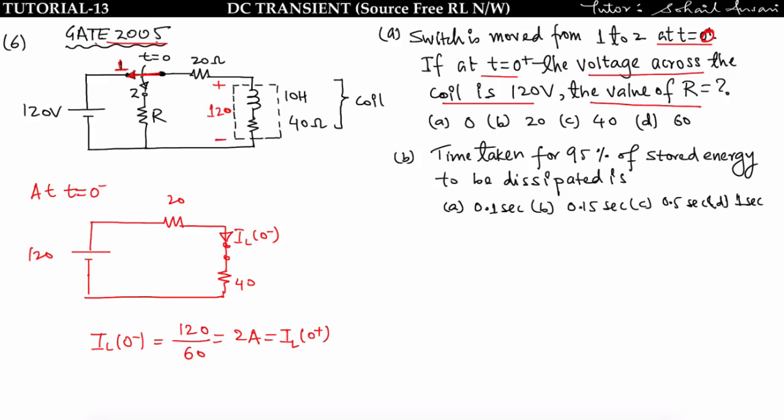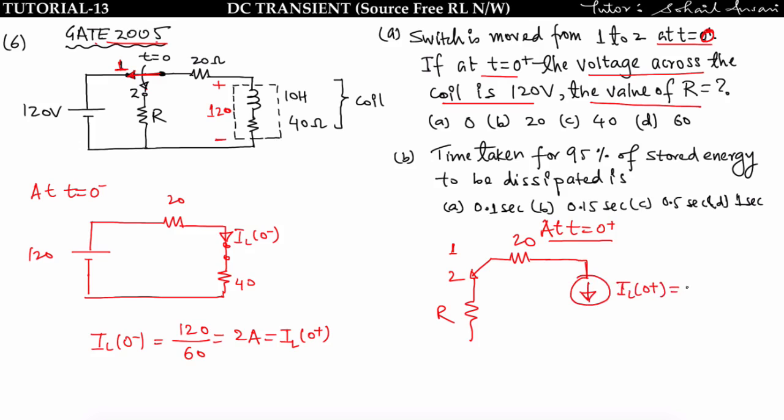We are switching this switch from 1 to 2, in which this R is connected, this 20 ohm is connected, and we know that at t = 0 plus, the inductor can be replaced by a current source having value IL of 0 plus equal to 2 ampere, and with this 40 ohm resistor connected.